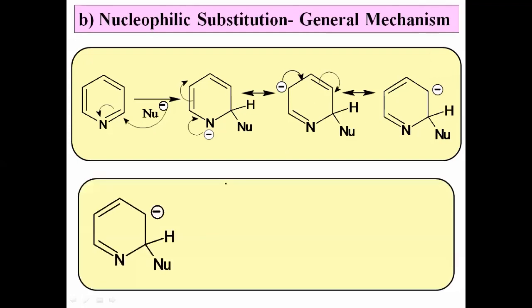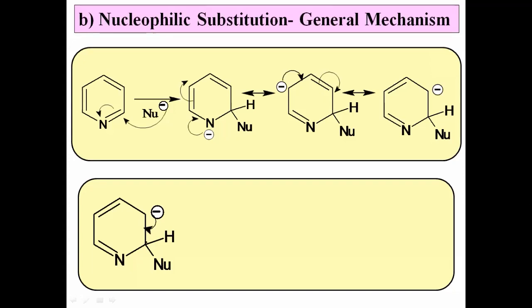This is our intermediate. I have written that intermediate here also. Now this intermediate loses hydrogen. Here there is a negative charge, meaning an electron pair. This electron pair forms a pi bond between two aromatic carbons.